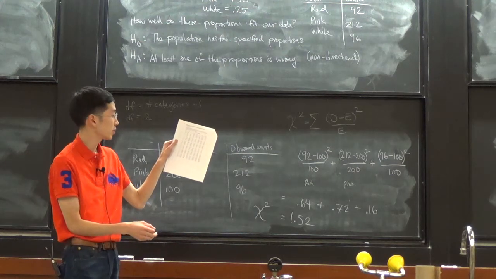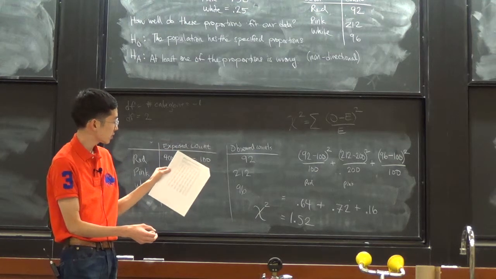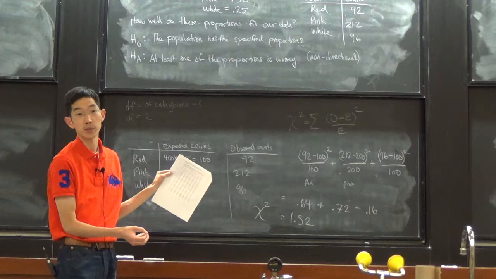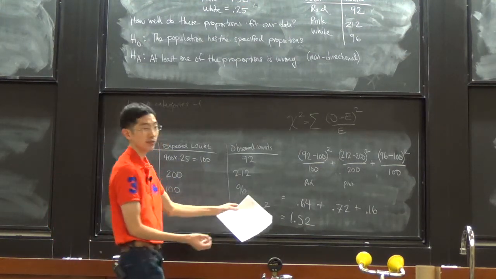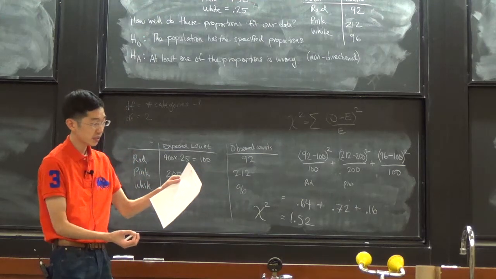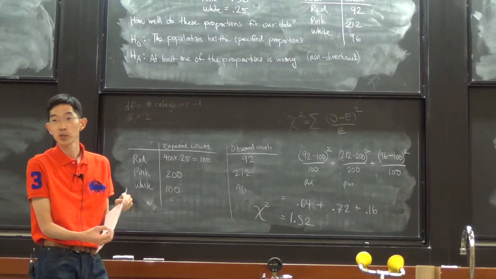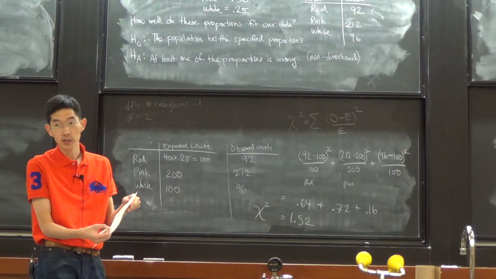So I'm looking at the row 2 degrees of freedom. And the first value I see there is 3.22, and the values just get larger from there. So my chi-squared statistic of 1.52 is smaller than 3.22. So that means my corresponding tail probability is larger than 0.2.